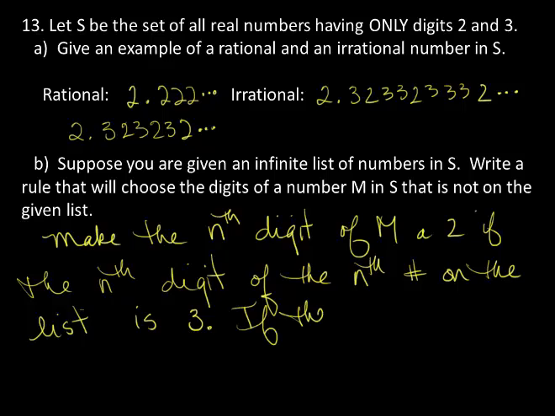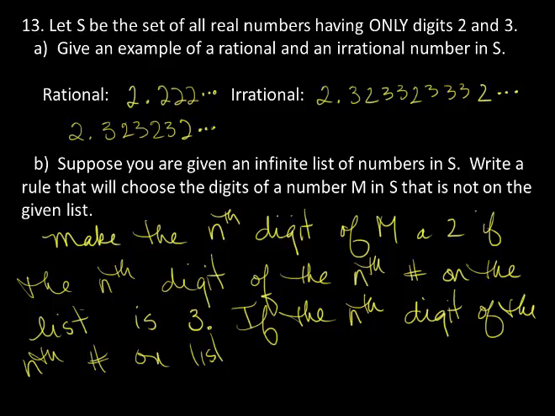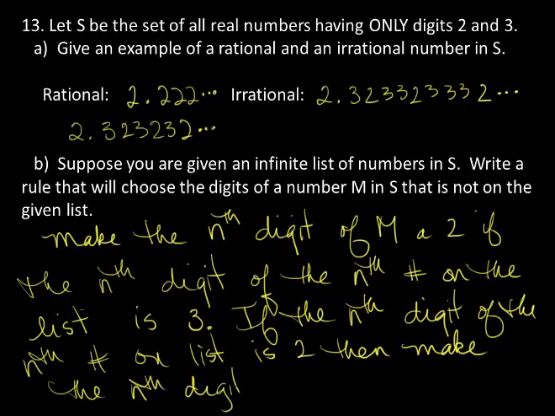I'm going to great detail here. If the nth digit of the nth number on the list is 2, then make the nth digit of M a 3.